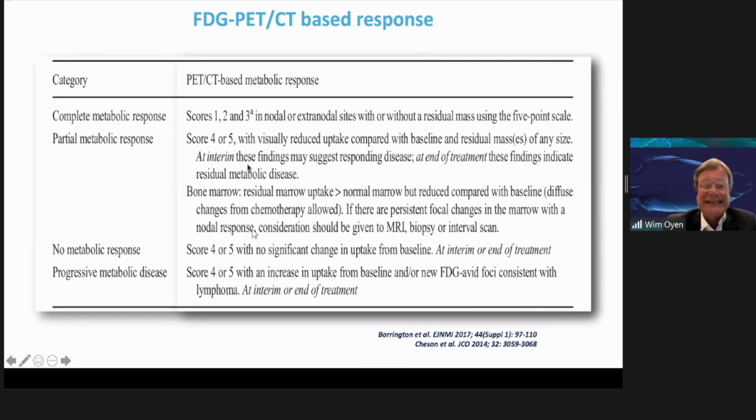So how is this interpreted? Complete metabolic response scores 1, 2, and 3. Partial metabolic response scores 4 and 5, with reduced uptake compared to baseline, and for bone marrow, the residual uptake is higher than normal bone marrow uptake, but reduced as compared to baseline.